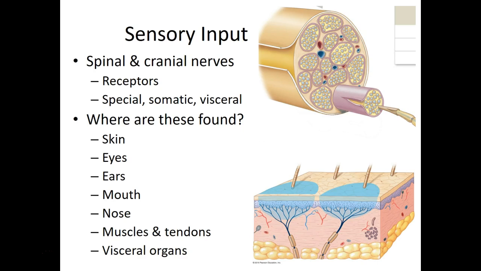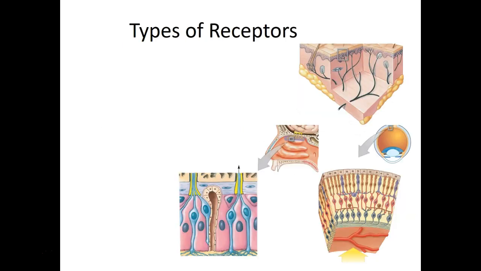So think how onerous it would be if you had to remember to move food from the stomach into the intestines, and then from one section of the intestine to the next, to the next, to the next. It would consume a lot of your time and energy and brain power to do that. So it happens kind of automatically. And we'll talk a little bit about that when we get to the digestive system.